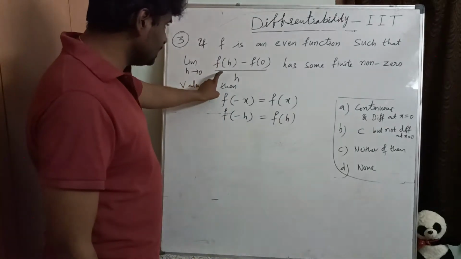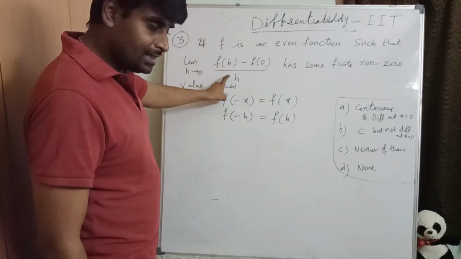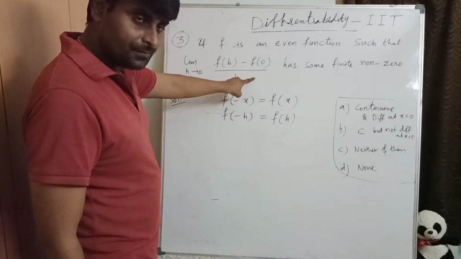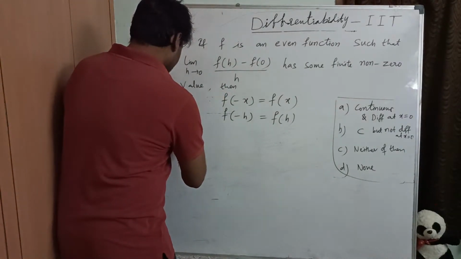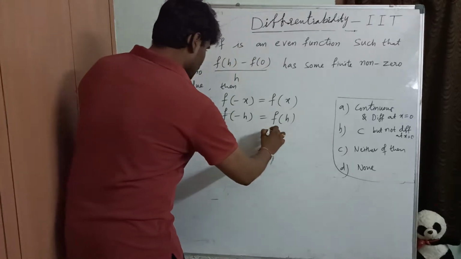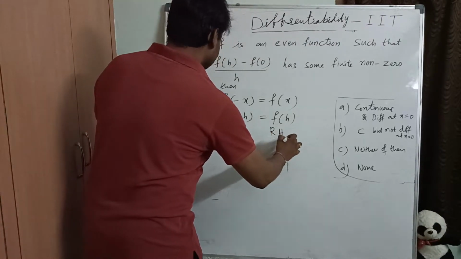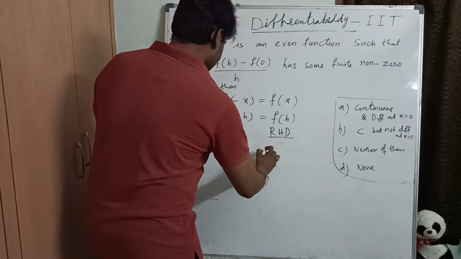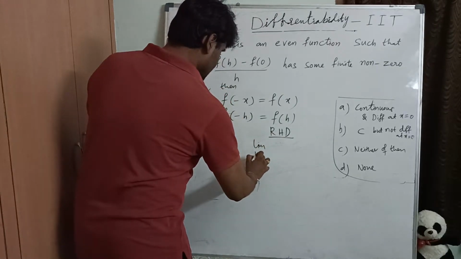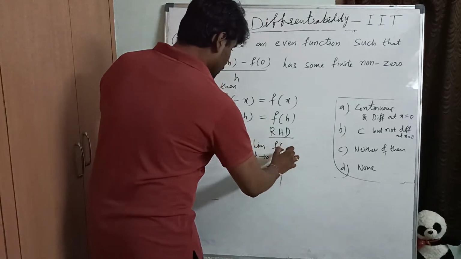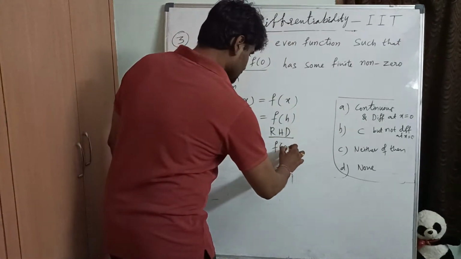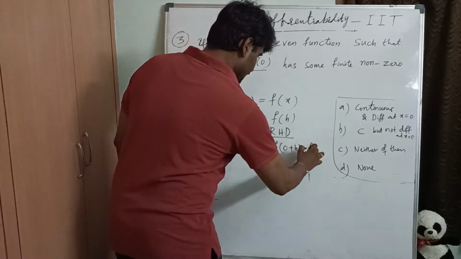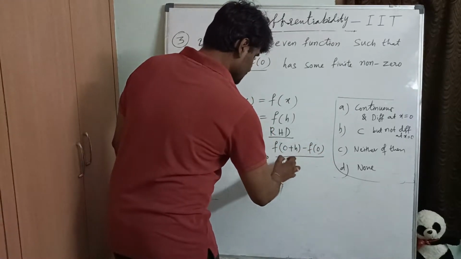Now if you observe this, is it LHL or RHL? It is RHL, correct or not? See here, RHD. Limit h tends to 0. How can we write RHD at x equals 0? f of 0 plus h minus f of 0 by h.